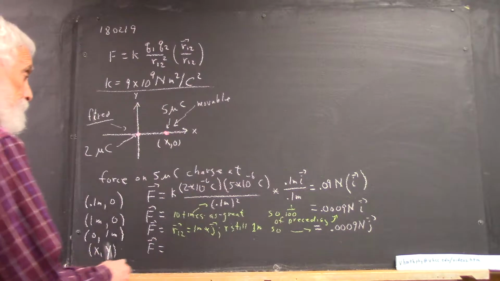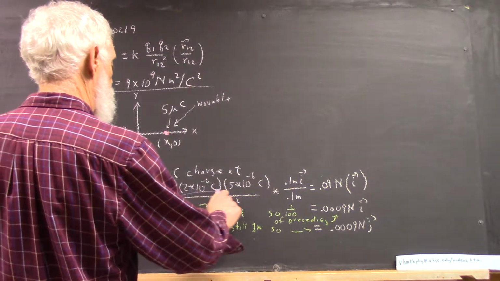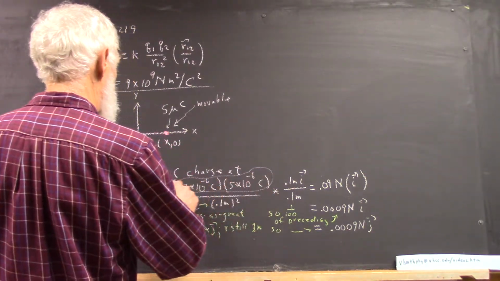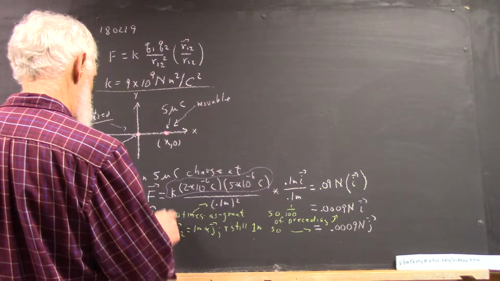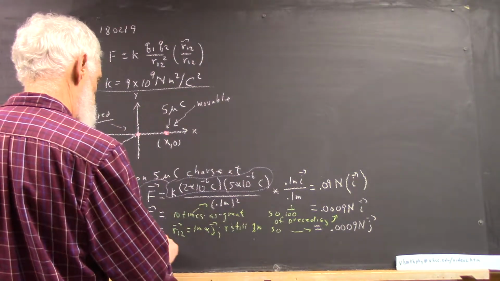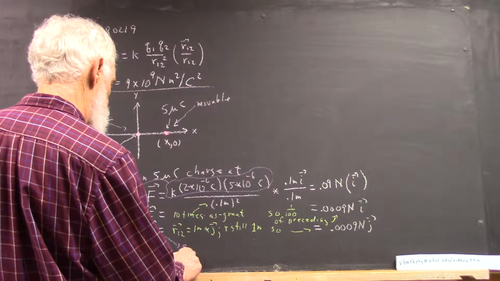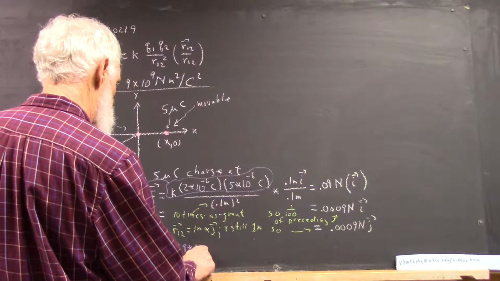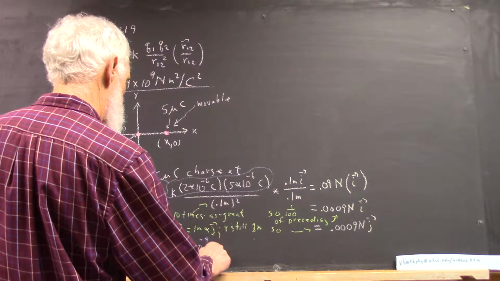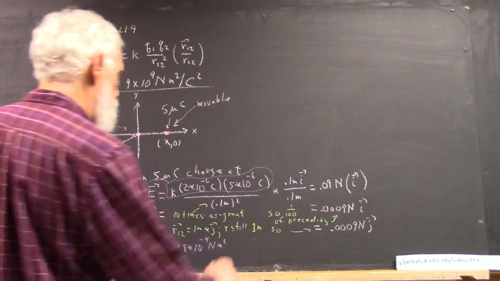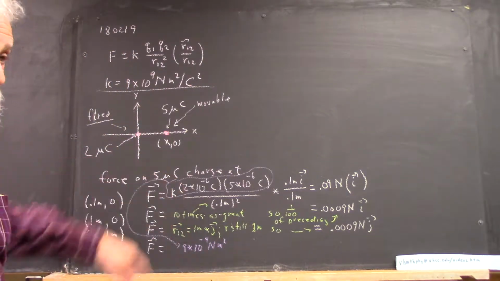Now here, I'm going to note that this entire calculation, I believe, gives us 9 times 10 to the negative 4th Newton meter squared, right?